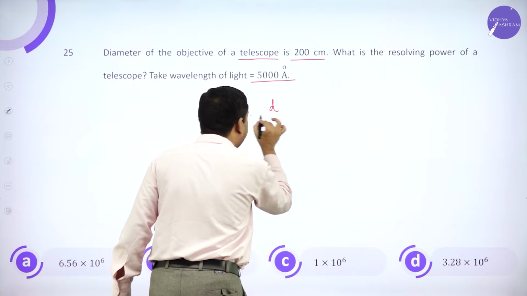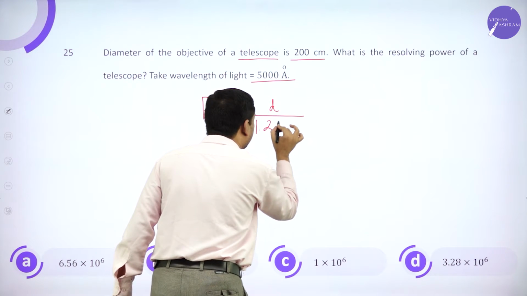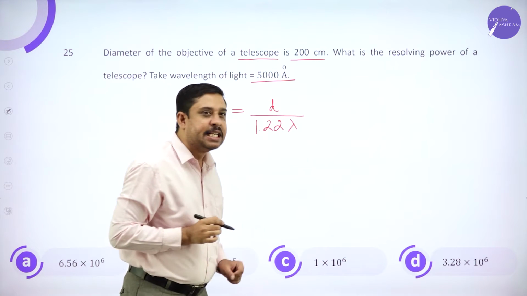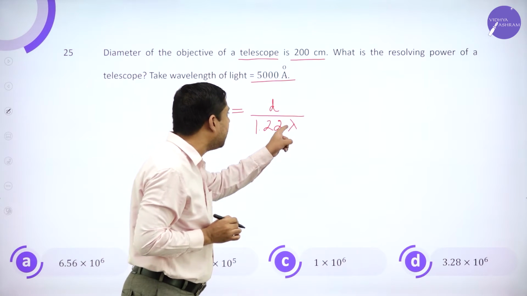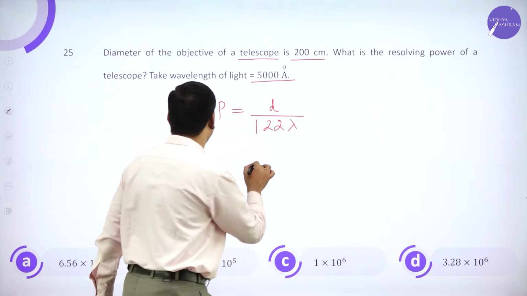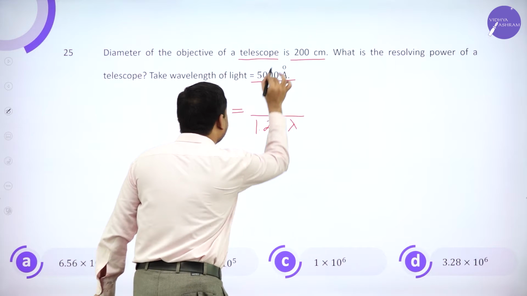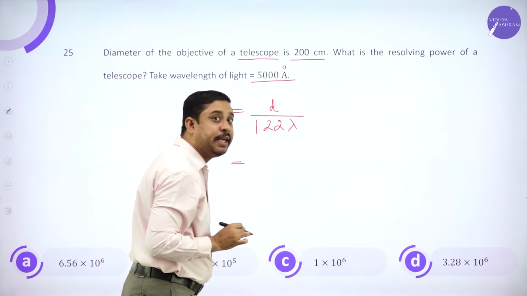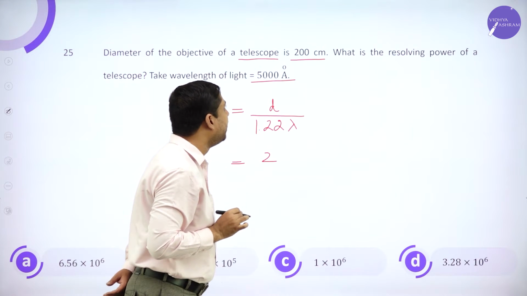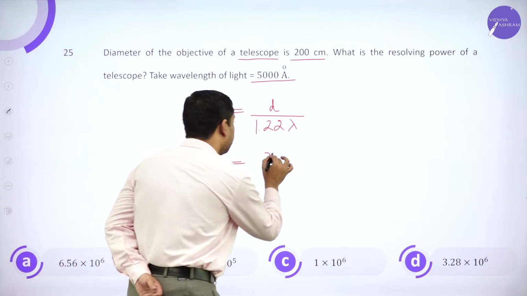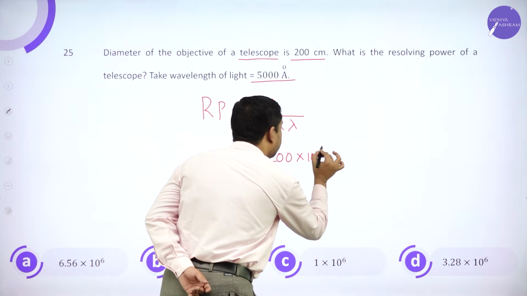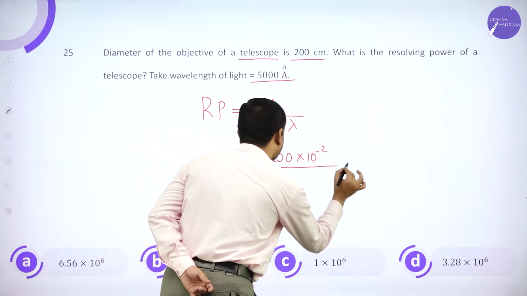d divided by 1.22 lambda, where d is the diameter of the objective and lambda is the wavelength of the light used. Diameter is 200 centimeter. If you convert it into meters, 200 into 10 power minus 2.